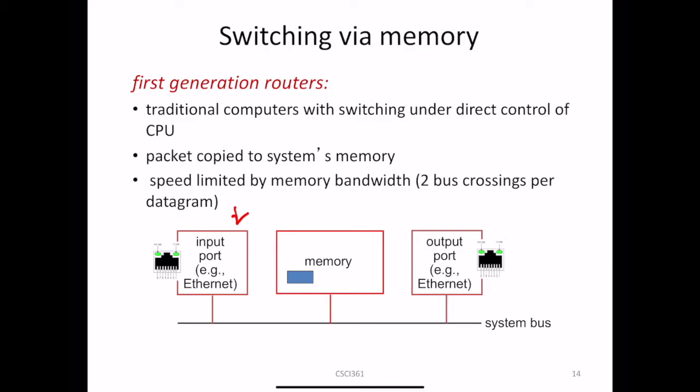So the problem is all the packets must share the same bus. Therefore, it highly decreases the processing speed of this kind of router.